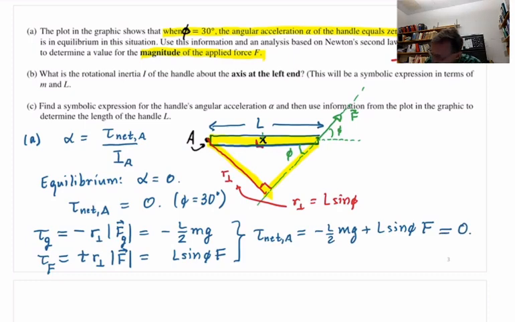So then all I have to do is solve for F, the magnitude of that applied force. Right? Just a matter of algebra. Note I can divide both sides by L, and the L factor goes away. I don't need to know how long the stick, the handle is. So I get F equals mg over 2 sine phi.